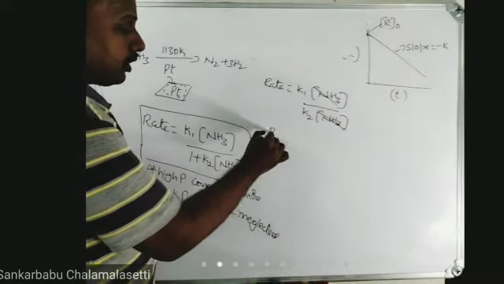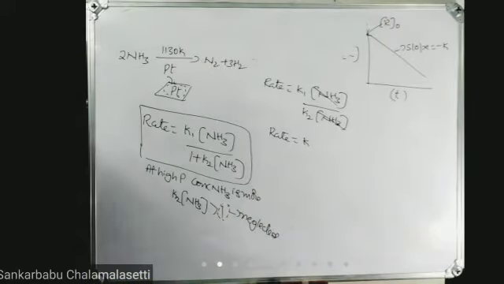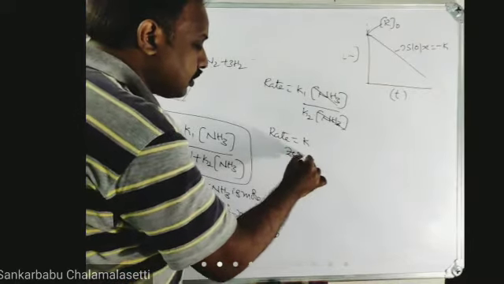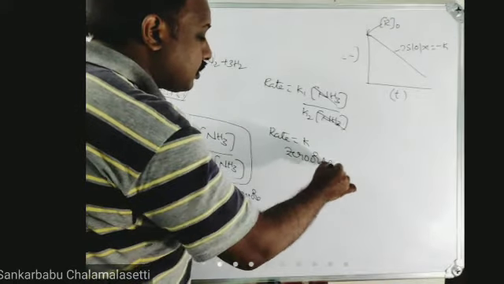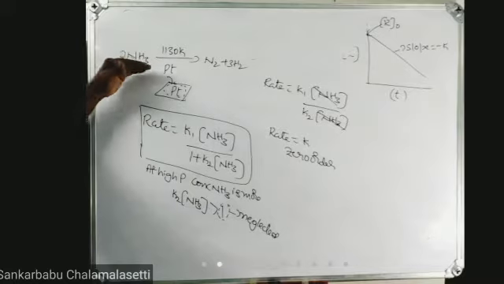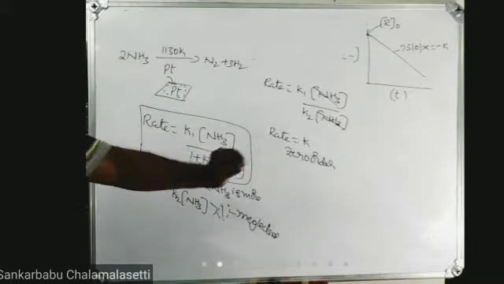NH3 cancels. Rate is equal to K1 by K2, which is again a constant. So rate is equal to a constant. This is nothing but zero order. So at a high pressure, decomposition of ammonia on the surface of platinum is a zero order reaction.